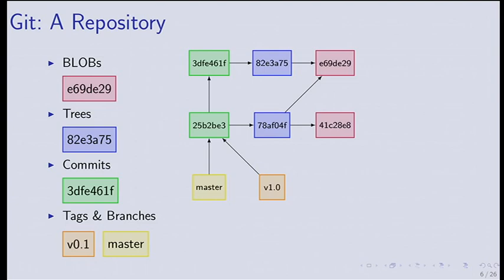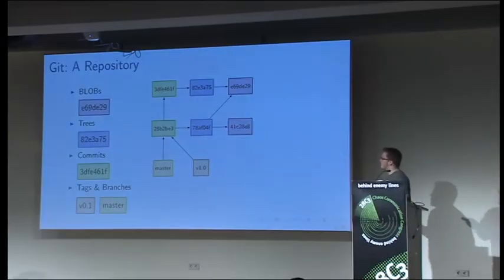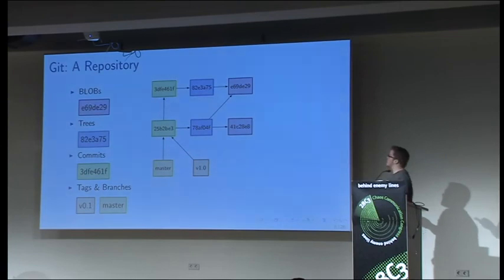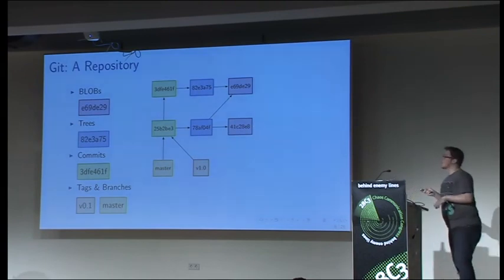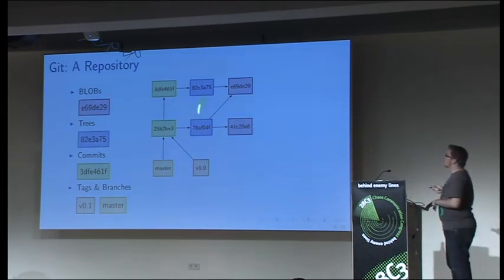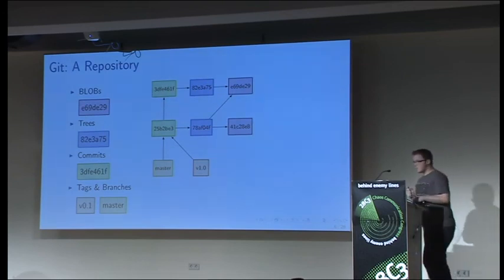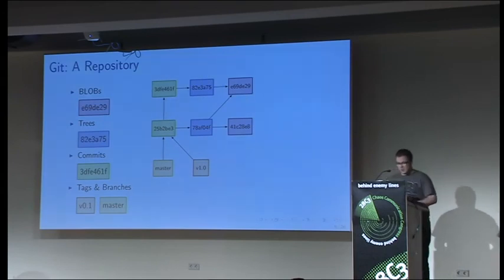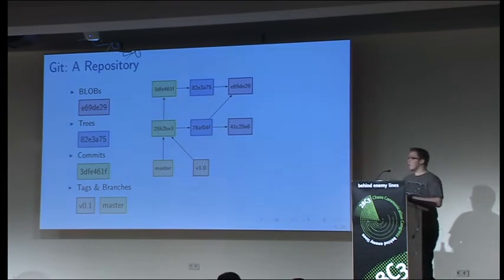And you see, because we are content addressed and we have immutable objects, we can reuse objects. So this might be the README of some project, and it didn't change. So both trees, both commits, use the same blob. This is pretty neat. This brings deduplication on the file level, which is nice for a backup.